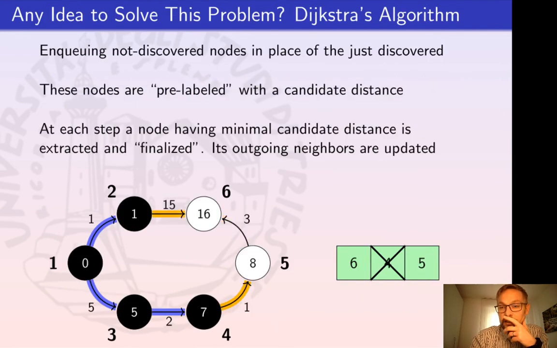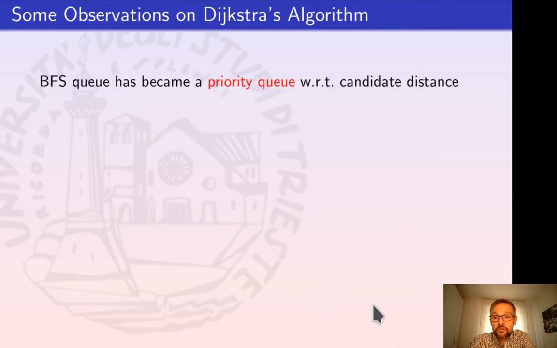So the idea is to avoid using a queue, and instead use a priority queue. And this will be a priority queue with respect to the candidate distance.